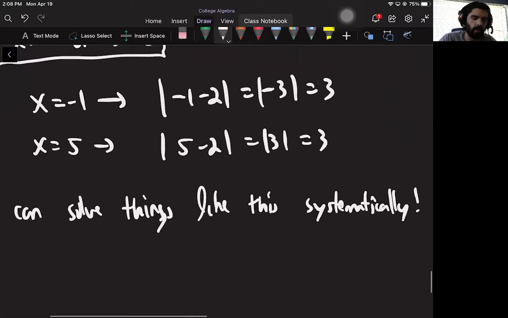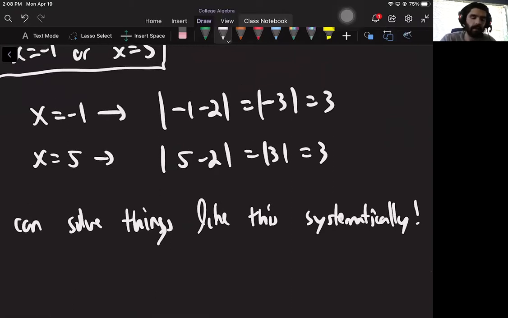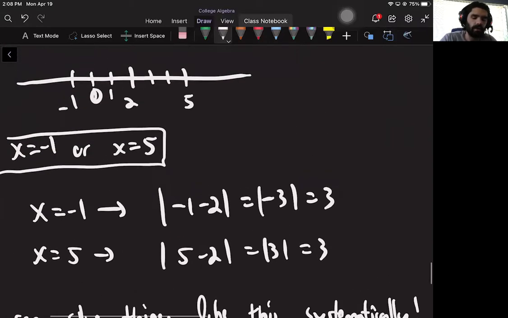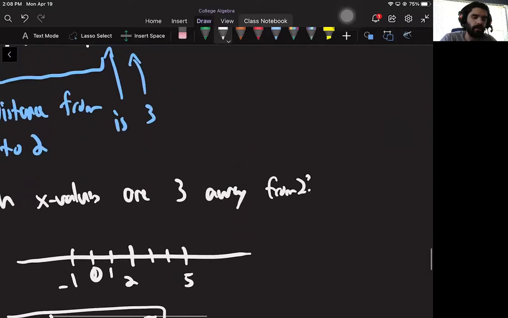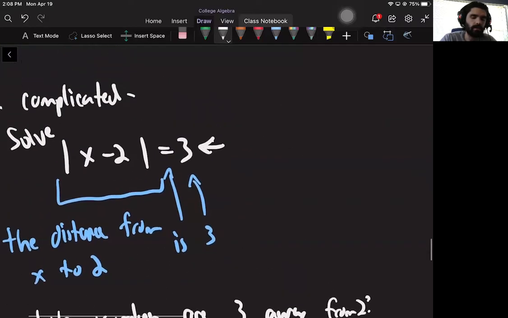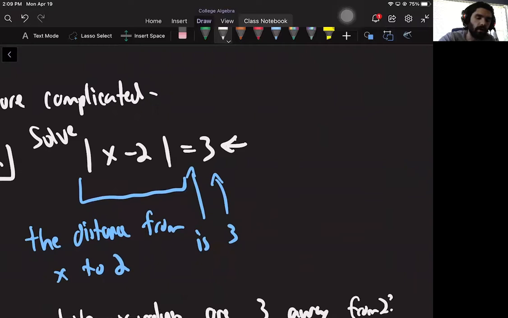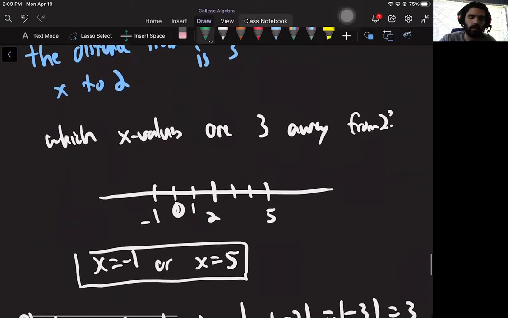In a very systematic way, by realizing that when I have an equation like this, what I really want is to see when this inside piece equals 3. So I want to set this equal to 3, and that would get me 5.